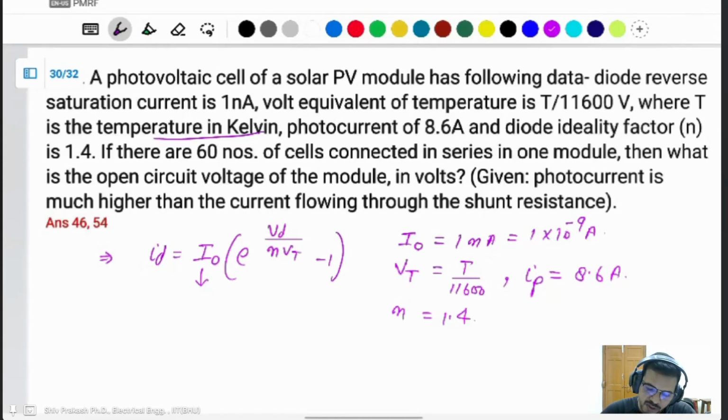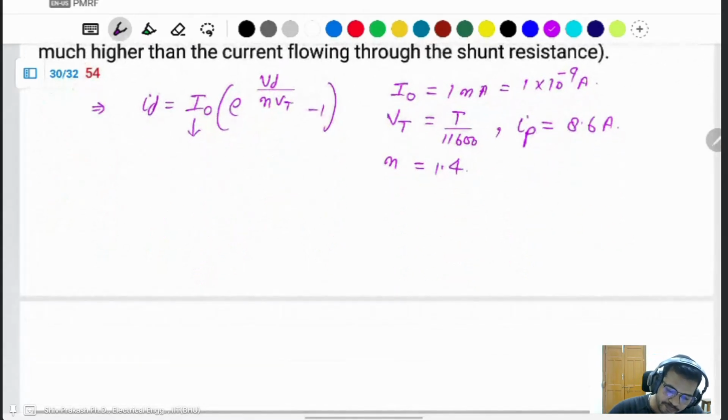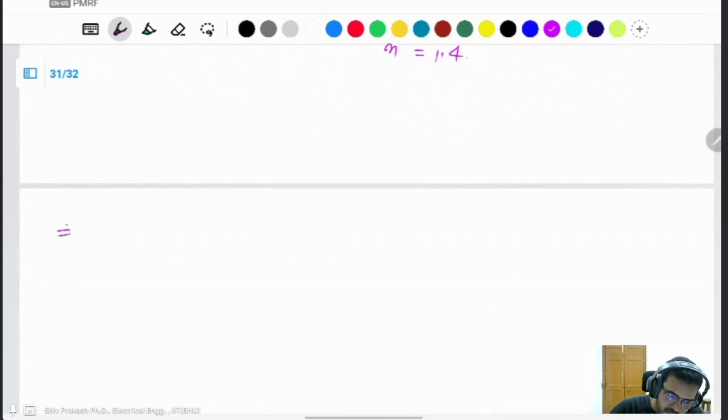Another piece of information given is that the photo current is much higher than the current flowing through the shunt resistance. Open circuit voltage is equal to nVt ln of (IP plus I naught) divided by I naught.